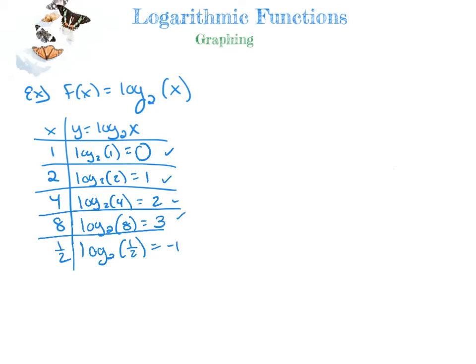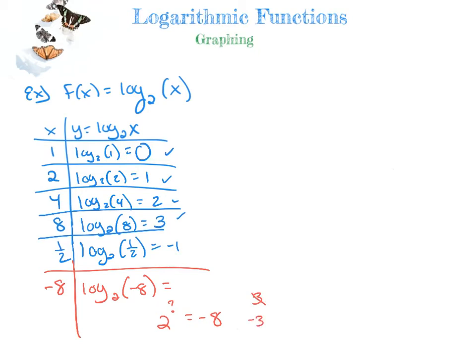Now watch what happens when I pick something like, instead of 8, let's say I picked negative 8. What's the exponent I put on a 2 to make a negative 8? 2 to what exponent is negative 8? Well, it certainly can't be 3 because 2 to the 3 power is positive 8.